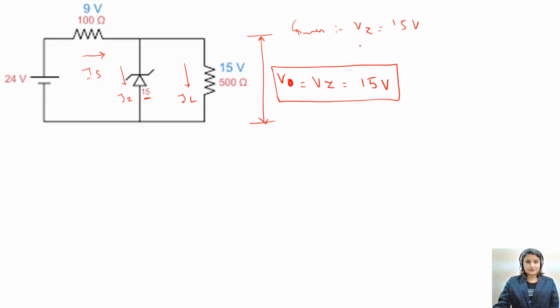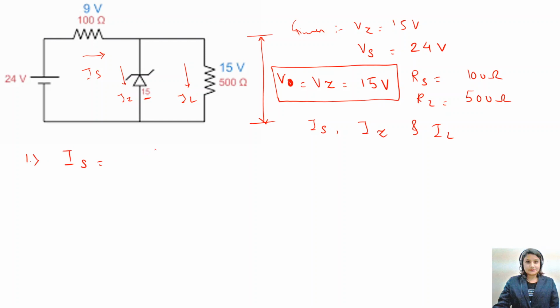Vs is given as the source voltage, 24 volts. Rs, the source resistance, is 100 ohms. The load resistance is 500 ohms. Now the aim is to find out Is, the Zener current and the load current. First of all, I'll find out the source current.